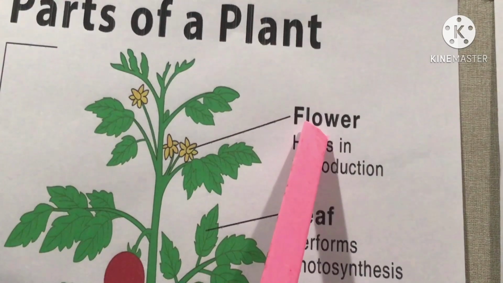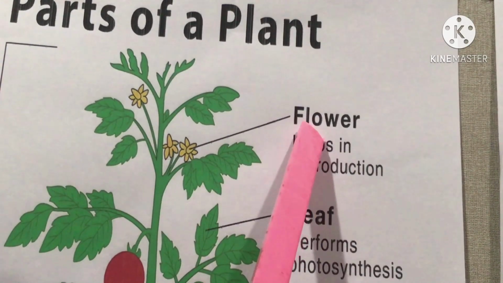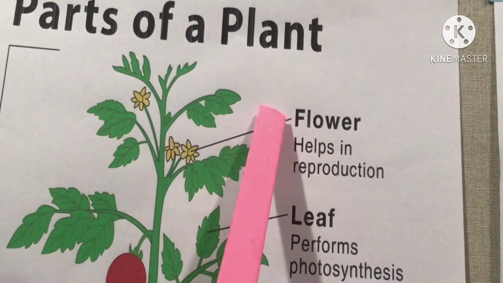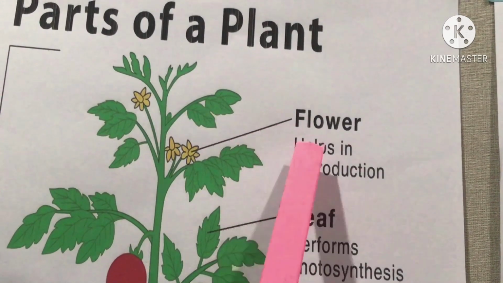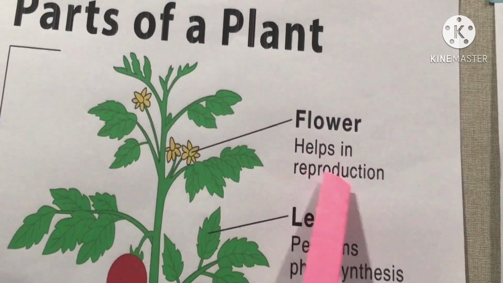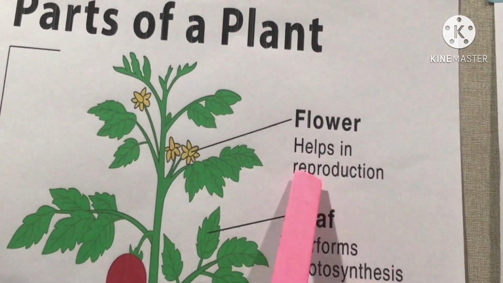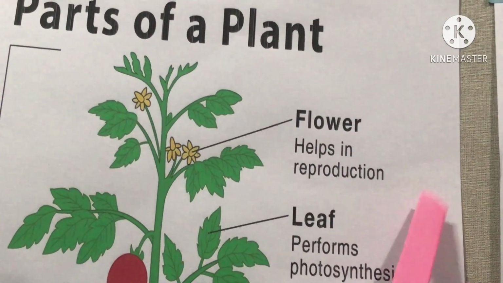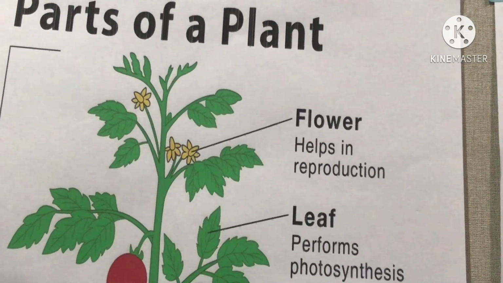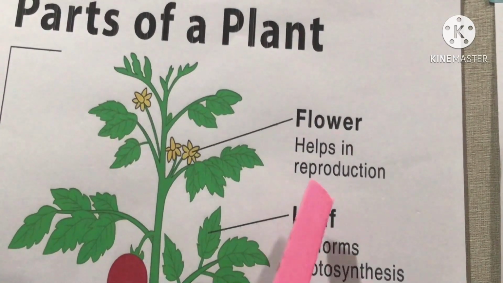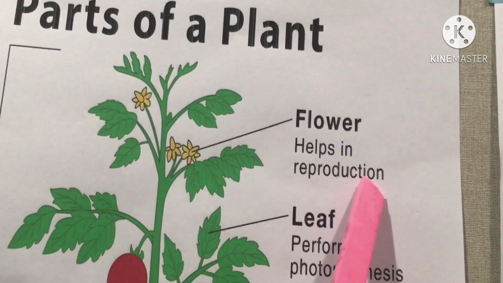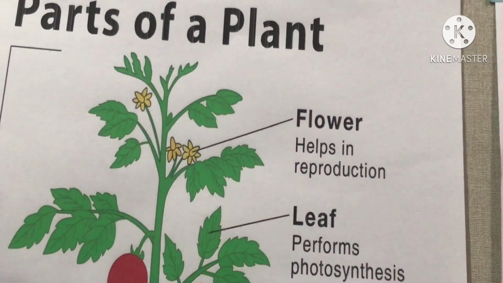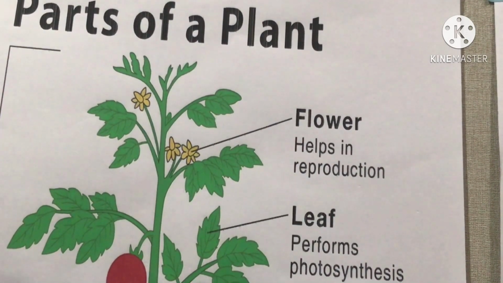Next, we have the flower. If we say flower, it is responsible for or helps in reproduction. If we say reproduction, it will produce fruit and seeds.